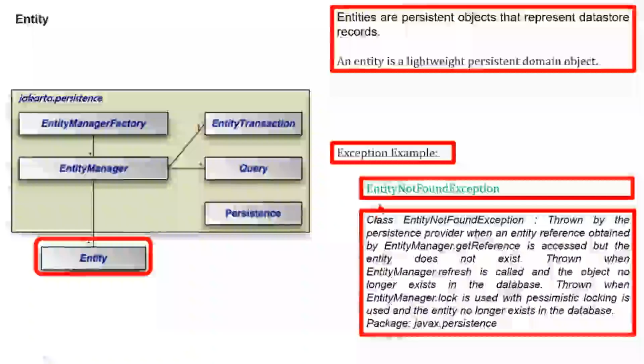As an exception example, we can consider the class EntityNotFoundException, thrown by the persistence provider when an entity reference obtained by EntityManager.getReference is accessed but the entity does not exist.